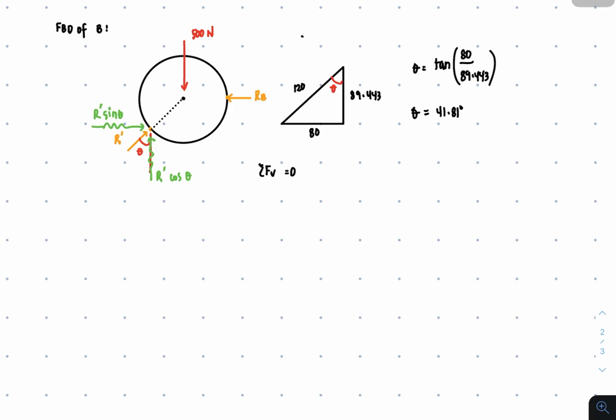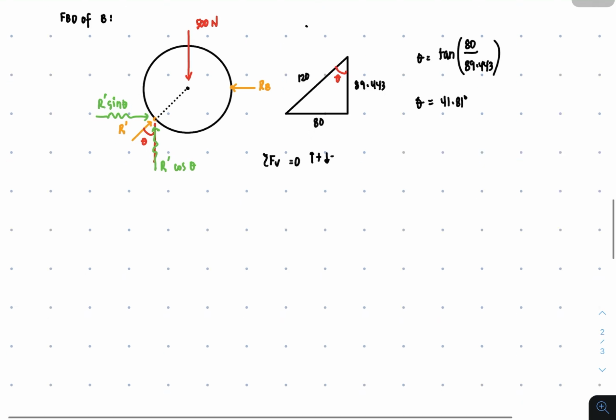Although we have distances, it's quite complicated if you're going to use the summation of moment. So just consider this as a concurrent force system. So upward positive, downward negative. You have r prime upward cosine of 41.81 minus 500 equal to 0.